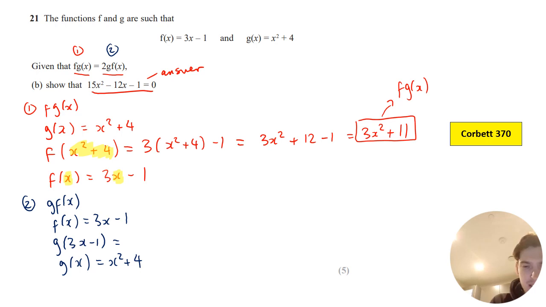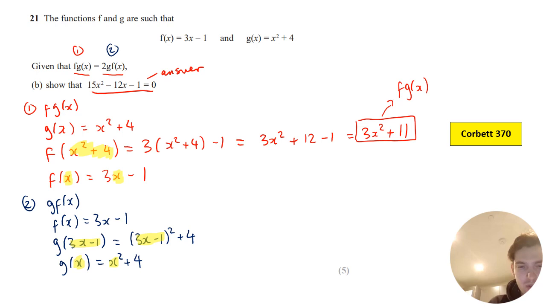And again, instead of writing x squared plus 4, I'm going to substitute my x for 3x minus 1. So that is my new x.